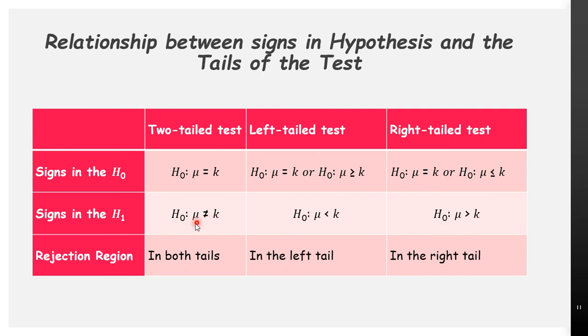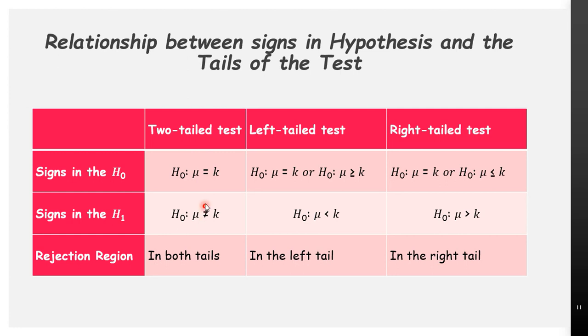I do apologize for the typo error. This is not H sub 0. Supposedly it's H sub 1. Okay? H sub 1 for alternative. So let's start here in the two-tailed test. In a two-tailed test, mga anak, the symbols that we will be encountering are equal and not equal.